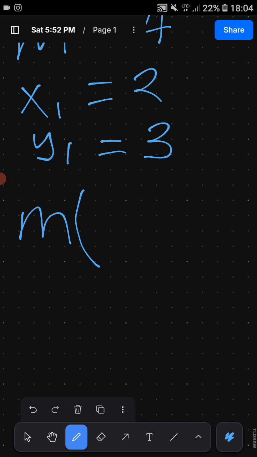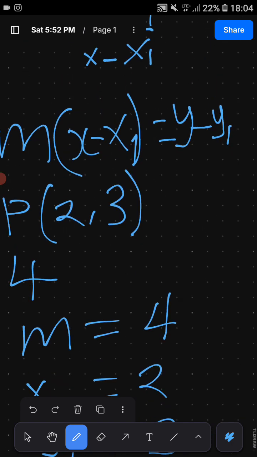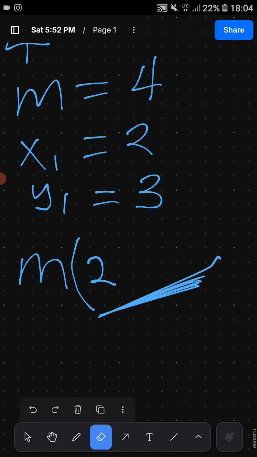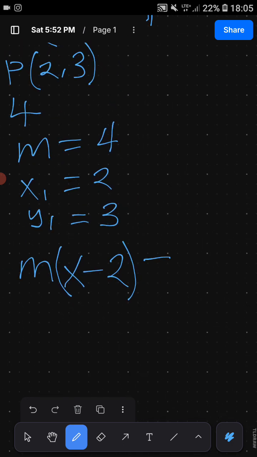Plugging that into the formula, the formula says m into x minus x1 equals y minus y1, where x1 is 2 and y1 is 3.